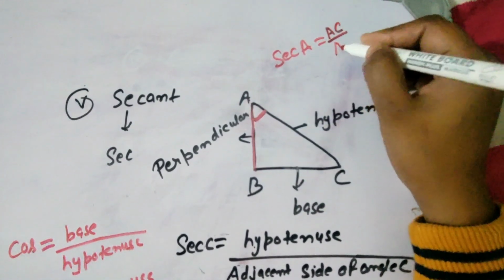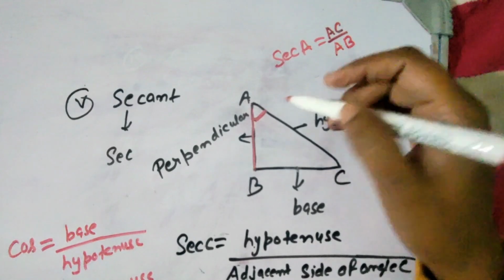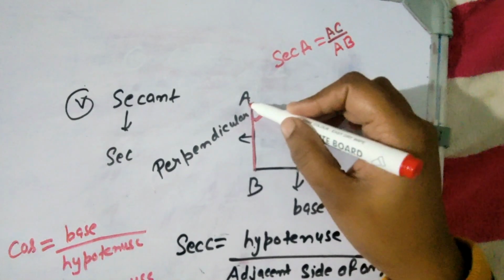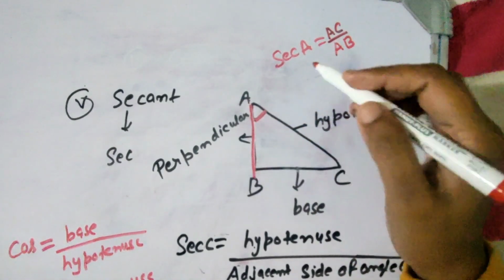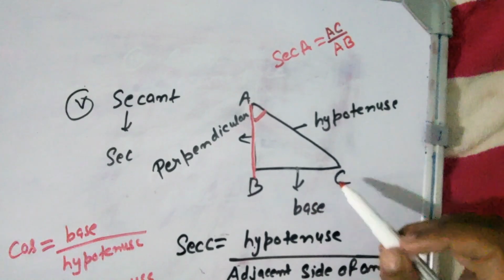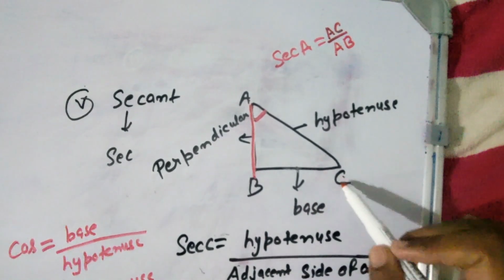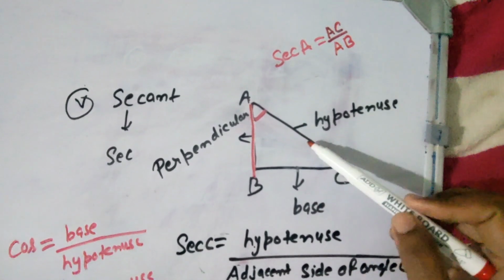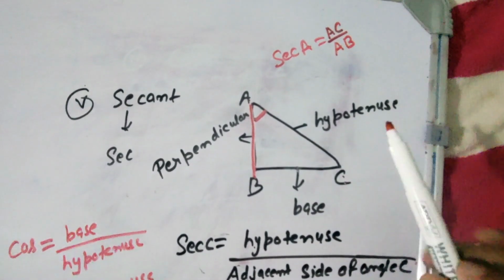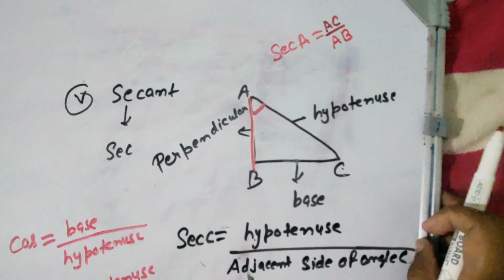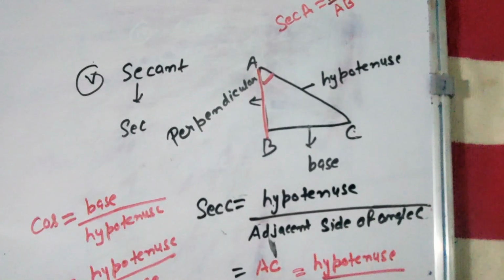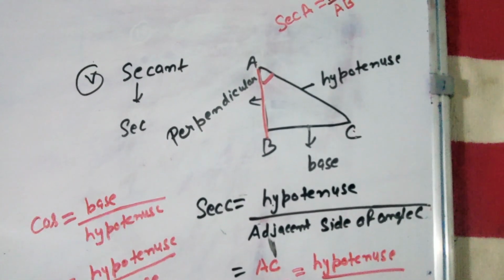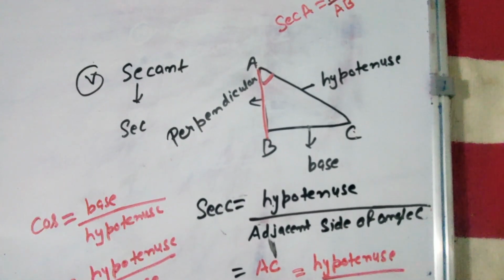Hypotenuse never changes; it is AC, fixed. Only the base changes. So it is AC by AB: this is the hypotenuse and this is the base. But if you find it for angle C, then the base is BC, and the hypotenuse is fixed at AC both times. So the sec formula is hypotenuse by base.